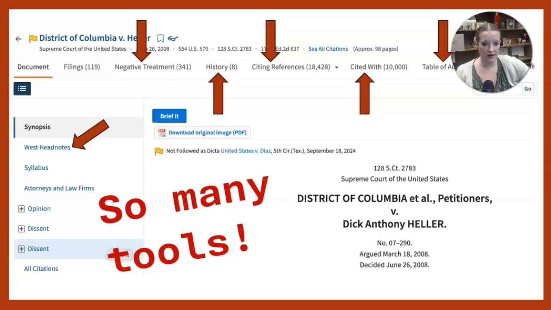So again, we keep talking about these wonderful tools that our attorney editors, both on Westlaw and Lexis, have put together for us. And you can see a number of these tools here.